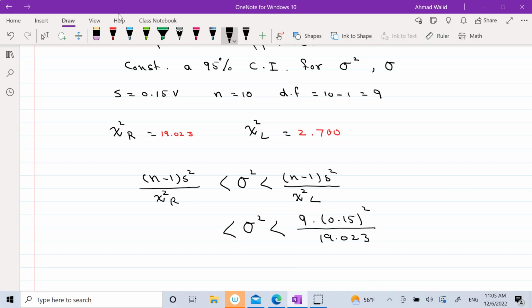And on the other side, it will be 9 times 0.15 squared over 2.7.